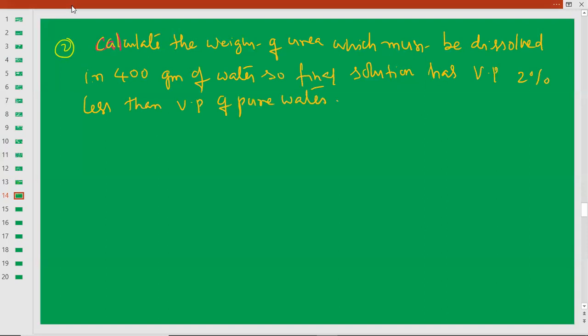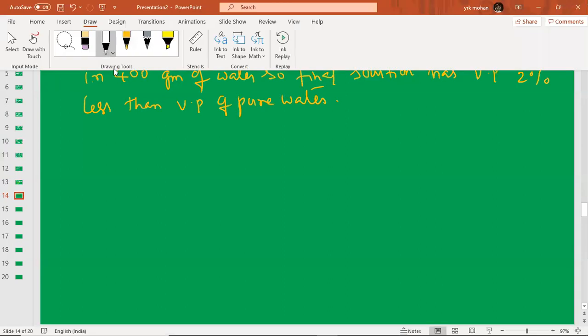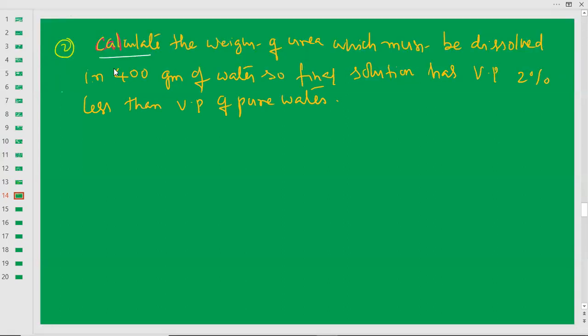Yeah, this is the problem. They have given: calculate the weight of urea which must be dissolved in 400 grams of water, so that the final solution has a vapor pressure 2% less than the vapor pressure of pure solvent. So we have to find the WB of the problem.